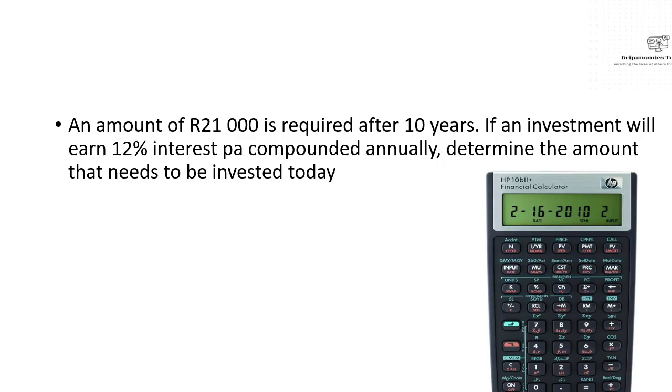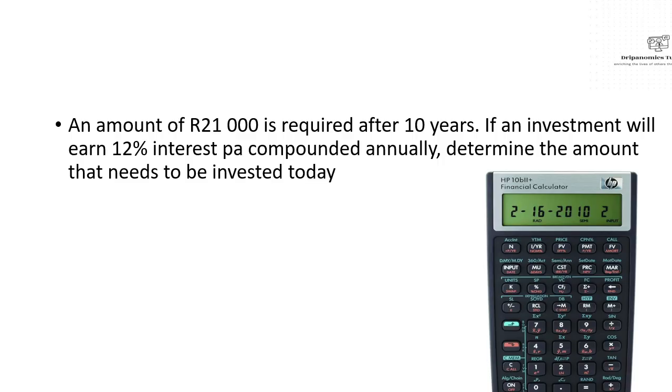Because if they hadn't told you that it's required after 10 years, you wouldn't know. So we require 21,000 rands in the future, 10 years from now. This will be our future value, because it's not an amount that we have today, it's an amount that we require in 10 years' time.